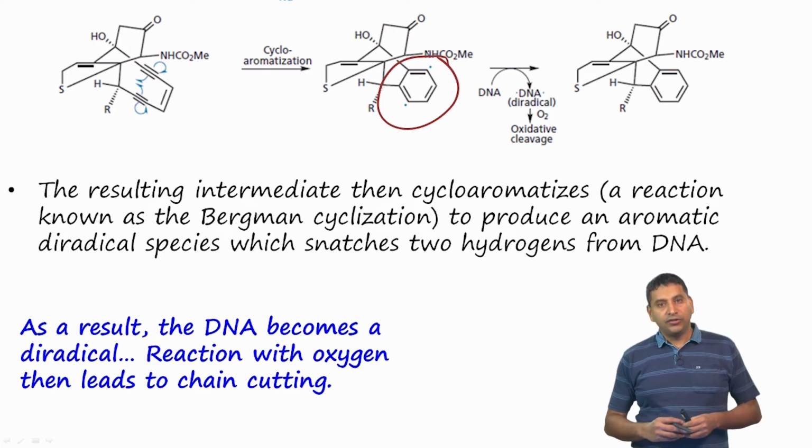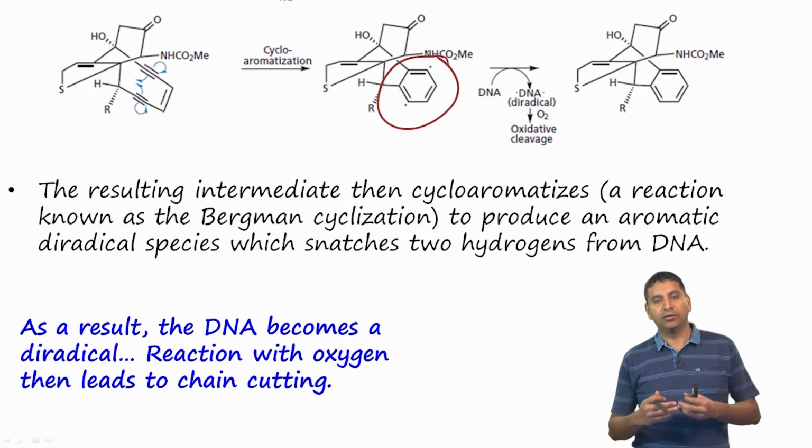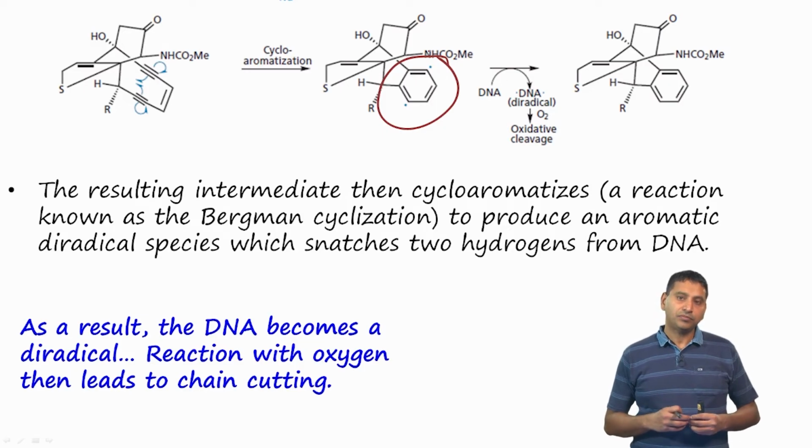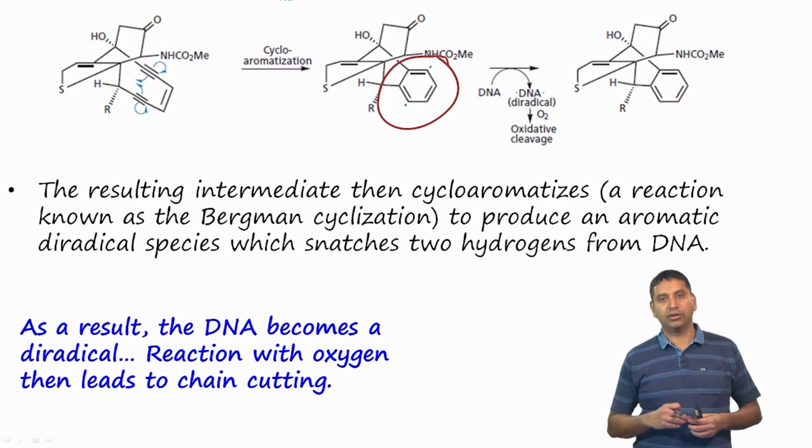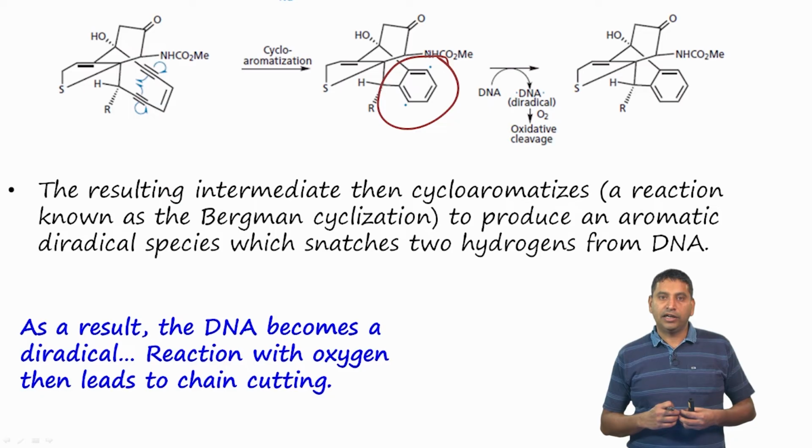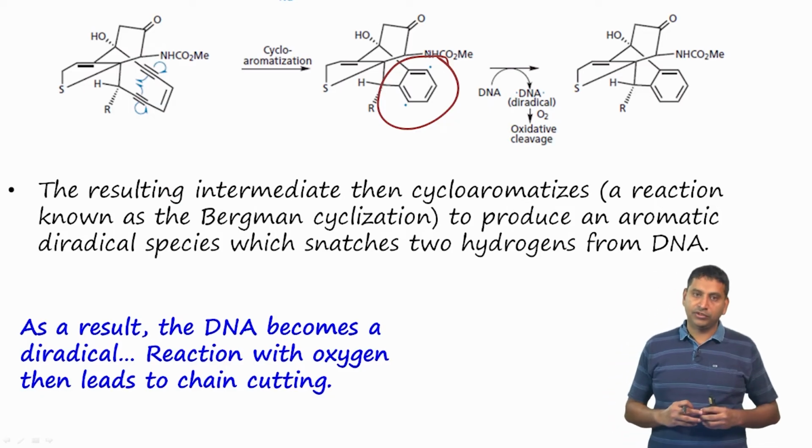This diradical intermediate is quite reactive, and it can transfer a radical or react with DNA to produce a DNA diradical, which subsequently can react with oxygen to produce oxidative damage. At this point, the reaction becomes quite non-specific because you are generating a highly reactive species.